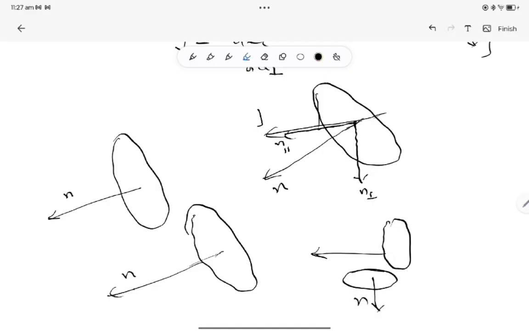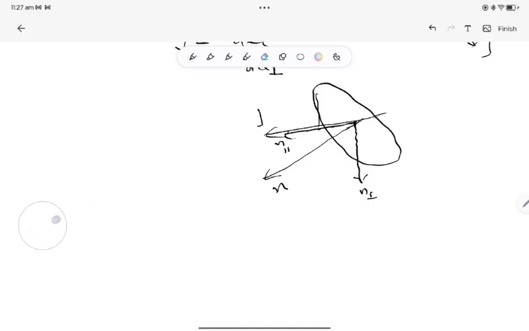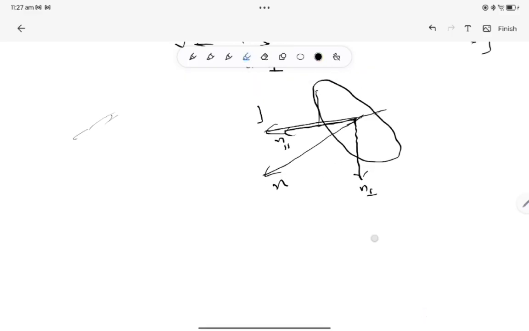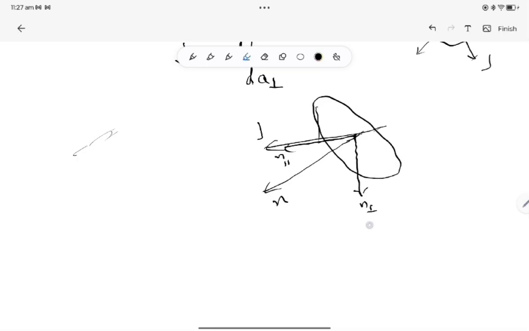So what we do here is that we will resolve our area element into two elements. One horizontal, that means this will be one component of this.